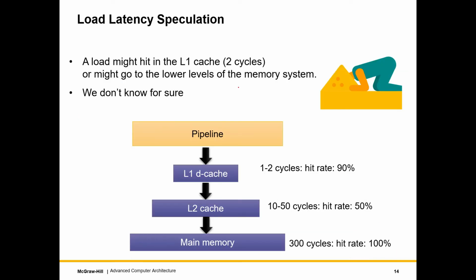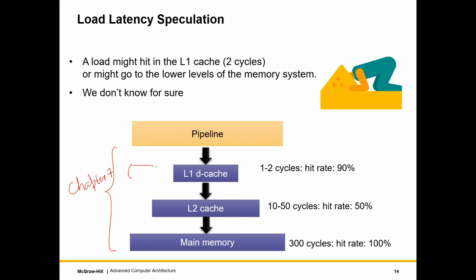Alright, now let's come to the next, which is load latency speculation. So we do have a memory hierarchy. Much of this will be discussed in chapter 7. Hence, I really don't want to broach this topic right now. But all that I can say is that, look, we have a hierarchy of memories for performance reasons, of course.